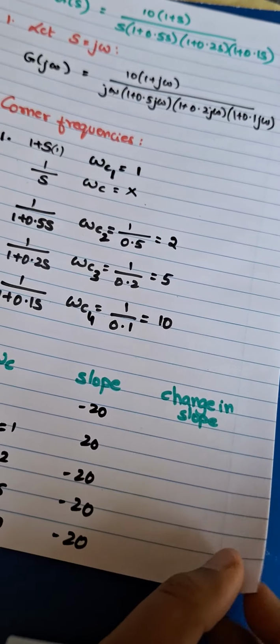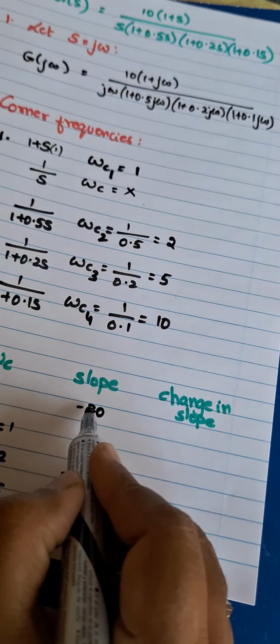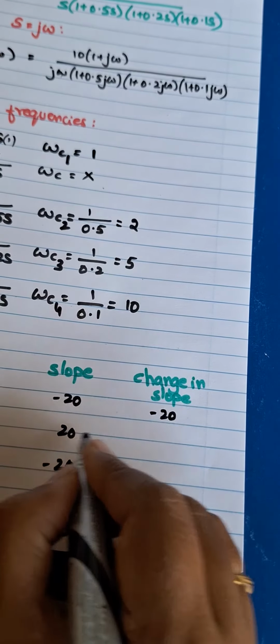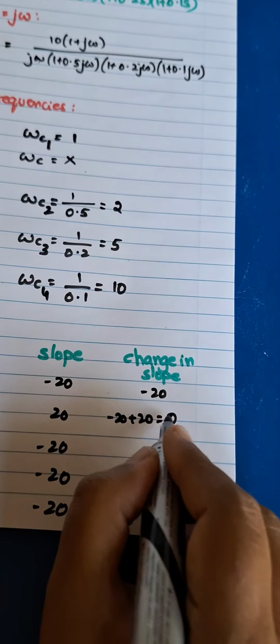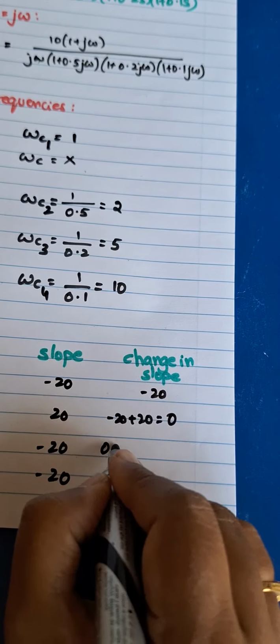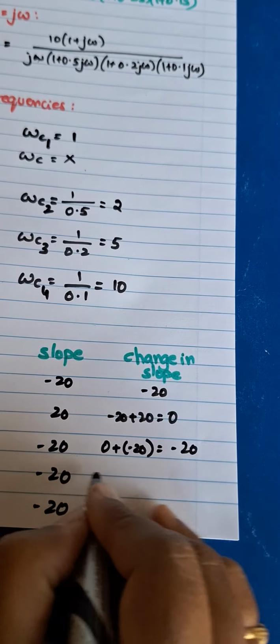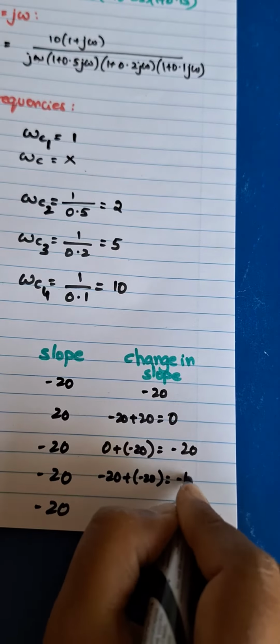Now when they are joined together, how will the slope be? First our slope is minus 20. Then plus 20 will add to this, so minus 20 plus 20 will be 0. Then minus 20 will add to this, 0 plus minus 20 equals minus 20. Then another minus 20 will add, giving minus 40.